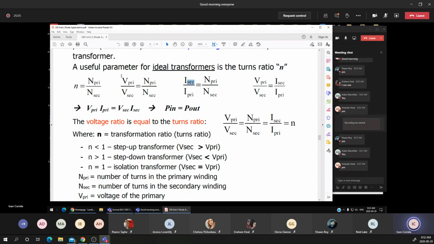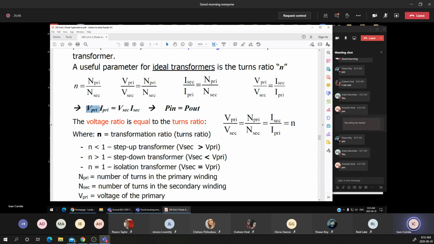Now, having the last two equations, voltage in primary over voltage in secondary equals turns in primary over turns in secondary, I can combine them: the voltage in the primary winding multiplied by the current in the primary winding, and on the secondary side, the voltage in the secondary winding multiplied by the current in the secondary winding.